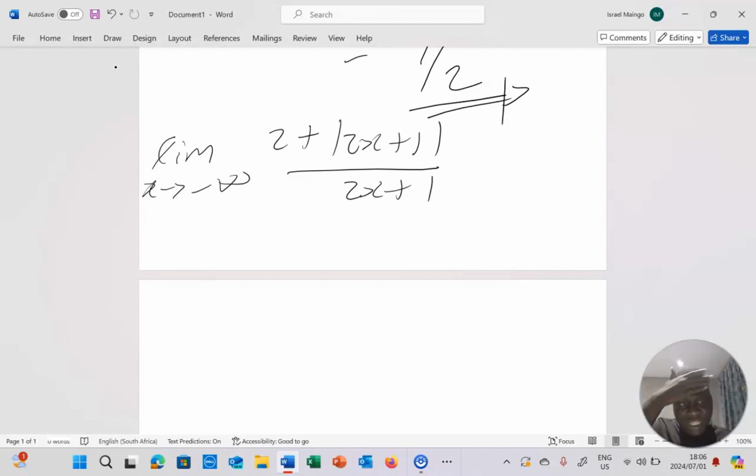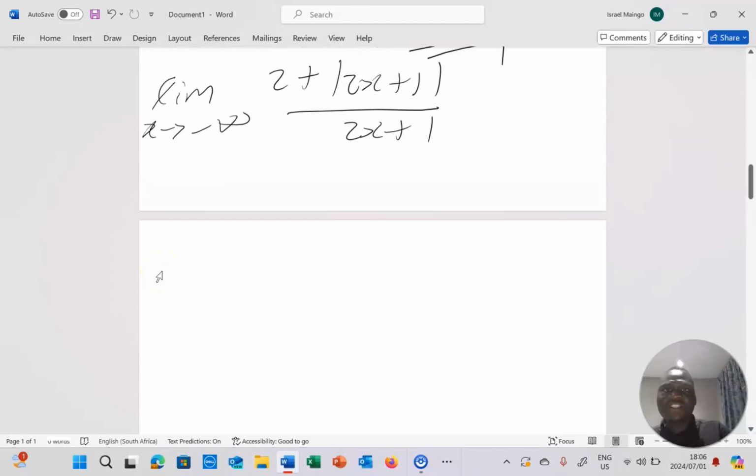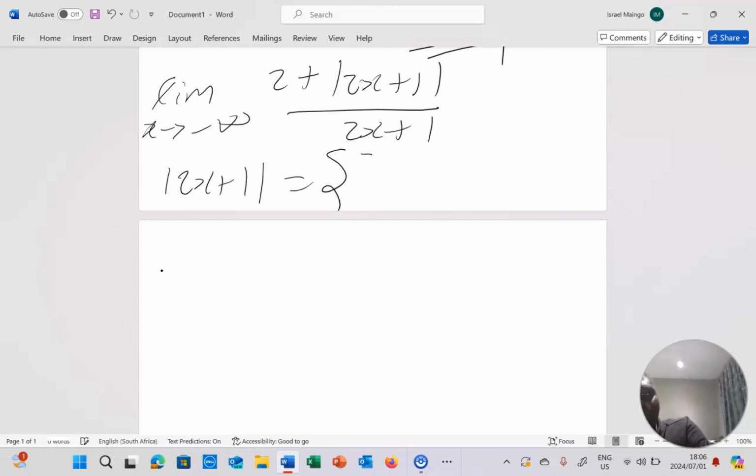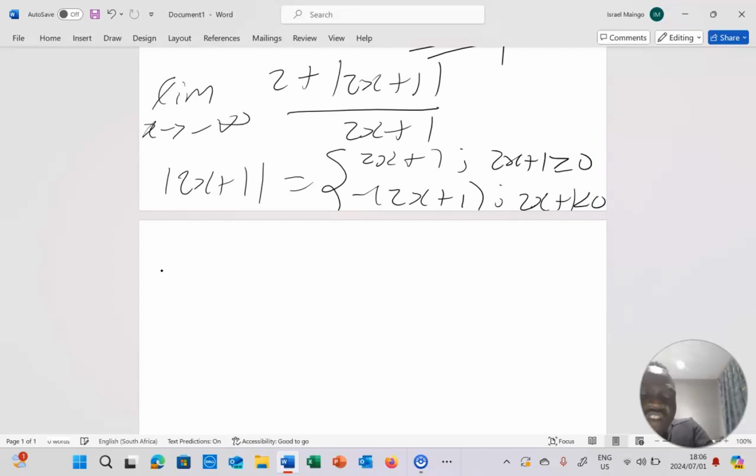So we are implementing the same procedure here. Let's start by first defining the absolute value function. The absolute value of 2x plus 1 will be 2x plus 1 if 2x plus 1 is greater or equal to 0, and negative (2x plus 1) if 2x plus 1 is less than 0.